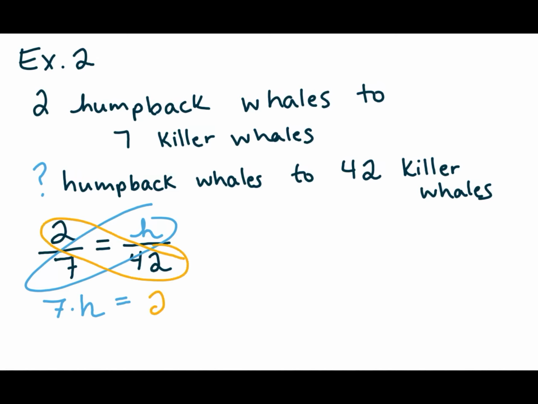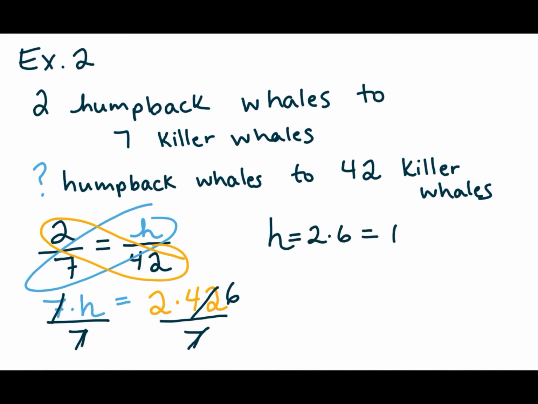Okay, so 7 times H is going to be equal to 2 times 42. And then I'm just going to divide both sides by 7. 7 goes into 42 6 times. So H is equal to 2 times 6, which is 12.